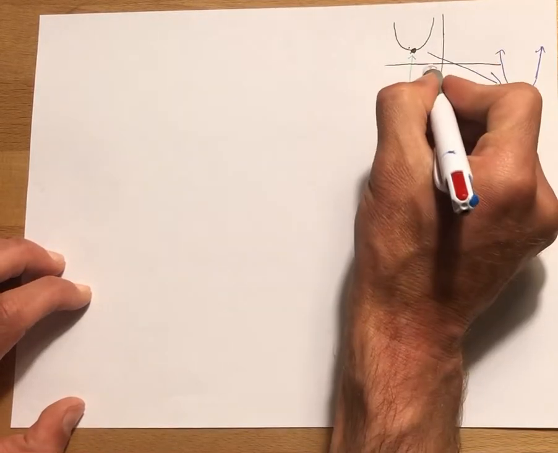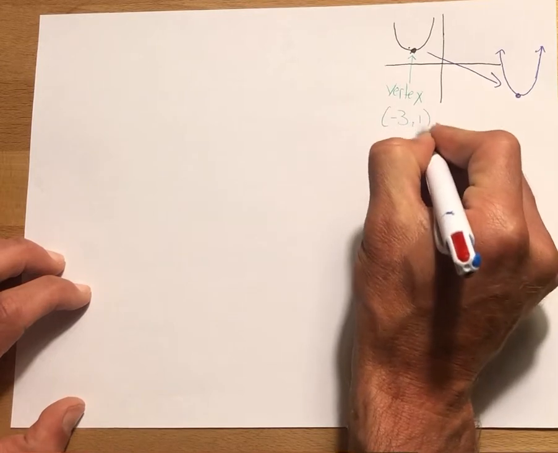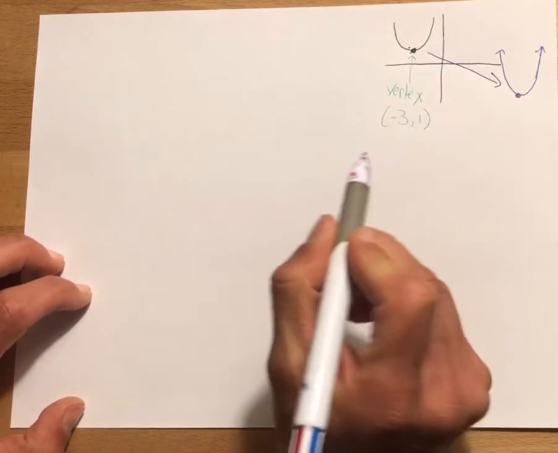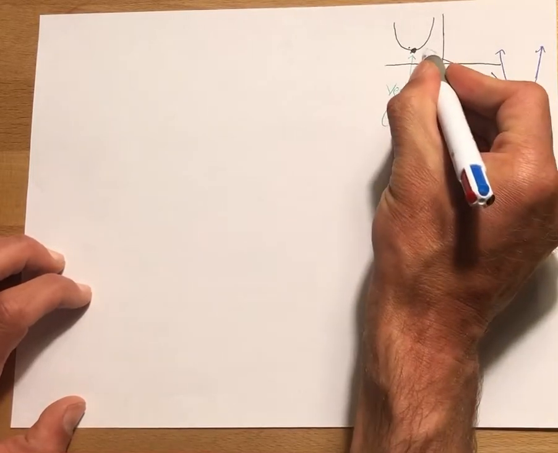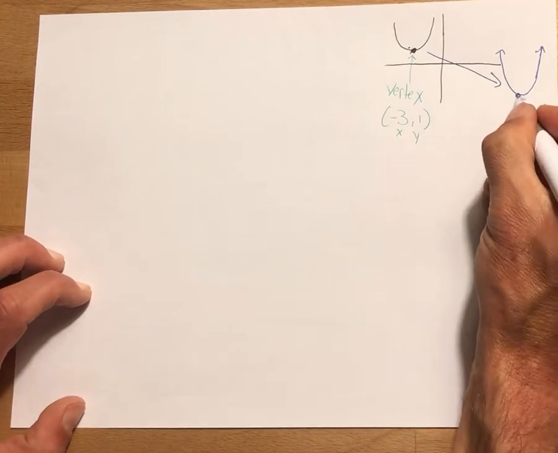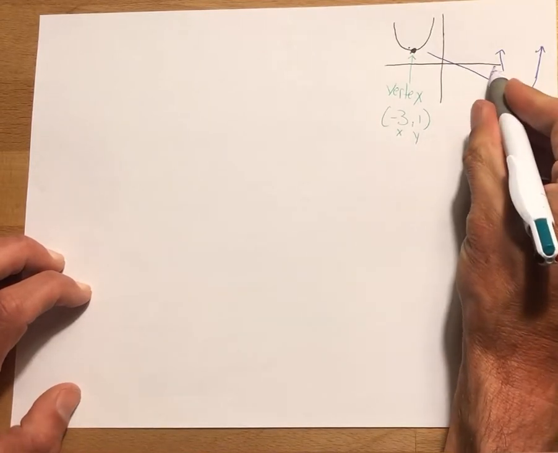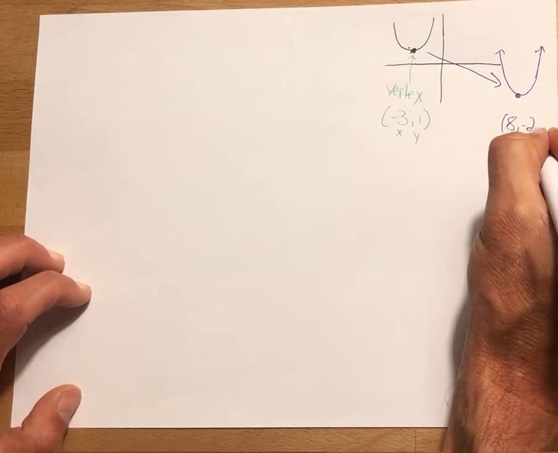Let's say it's -3, 1. That's the point, because every point on the xy coordinate plane has an x and a y. And let's say I move it all the way down here. Let's say this new point right here is 8 on the x and -2 on the y.